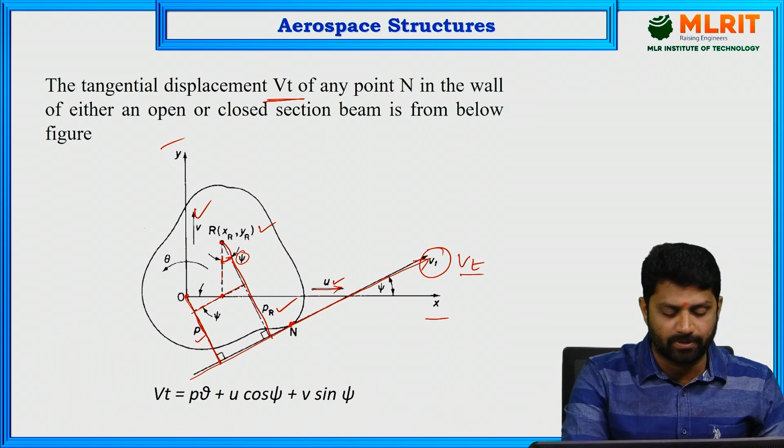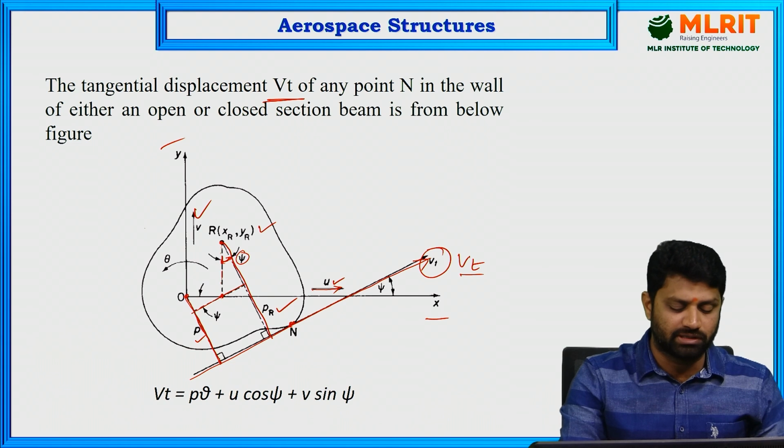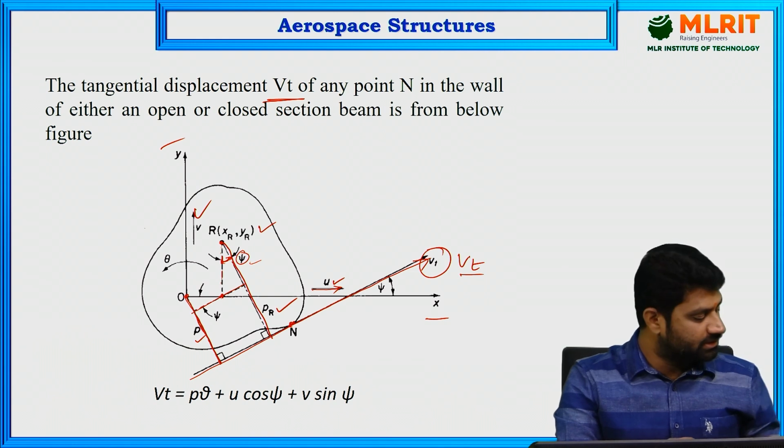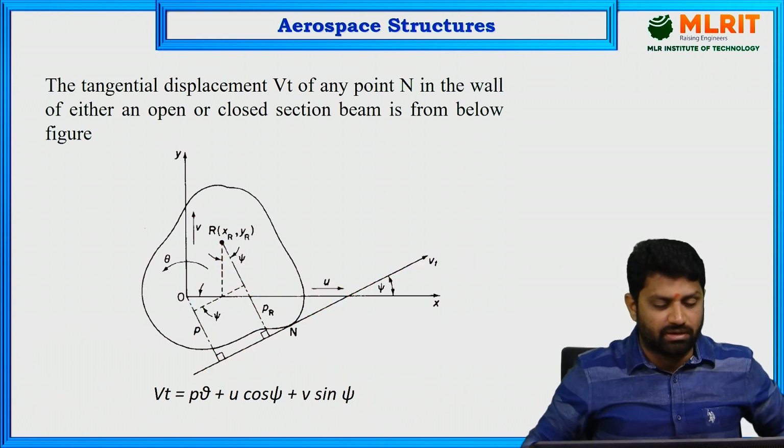So pr is the distance of point r to the tangent, p is the distance from the origin to the tangent, and psi is the angle created over here. By using all these notations, we are going to establish the relationship for Vt.